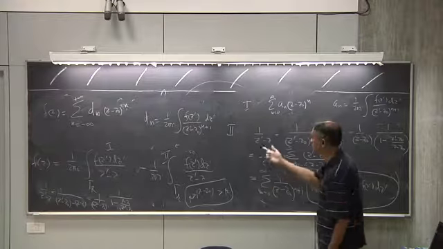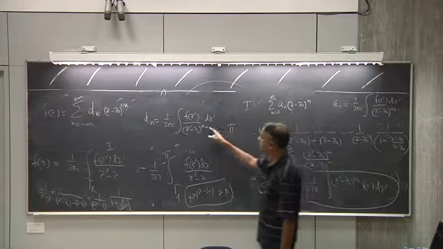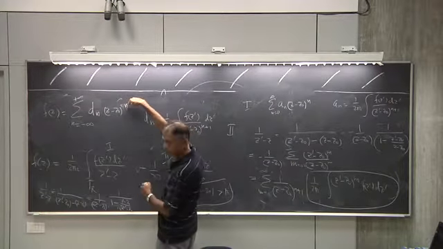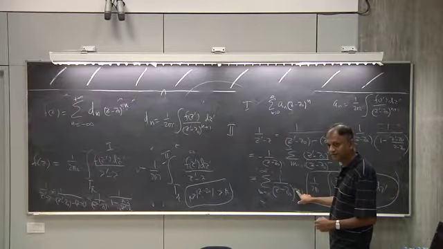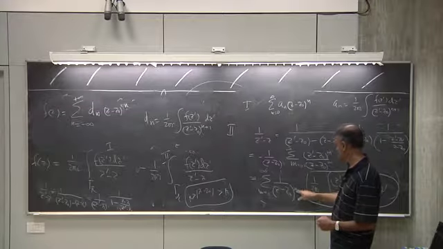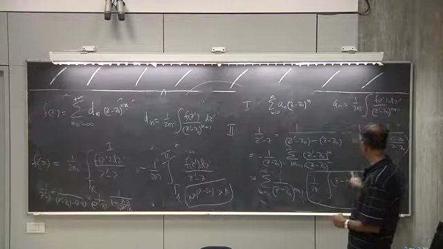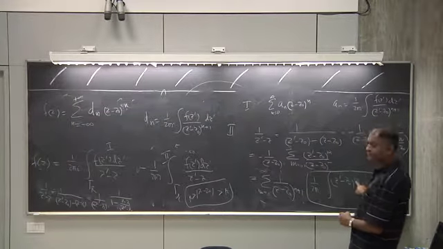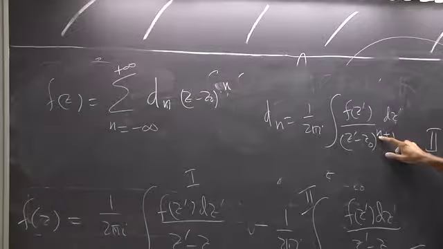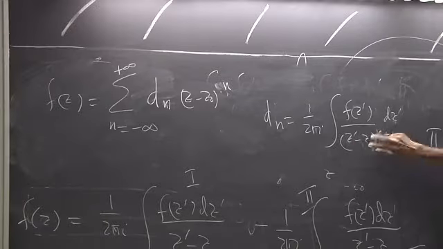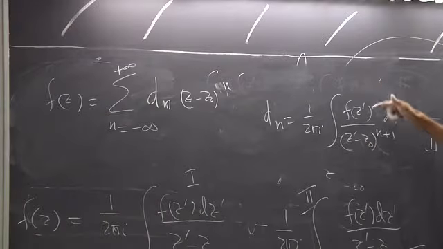Similarly, look at n equal to -2. n equal to -2 means 1 over z minus z0 square. That comes here when m is equal to 1. But if m is equal to 1, this coefficient involves 1 power of z prime minus z0, which is the case here. If n equal to -2, this becomes -1, which goes up. So you can verify that this is indeed true for all the values.